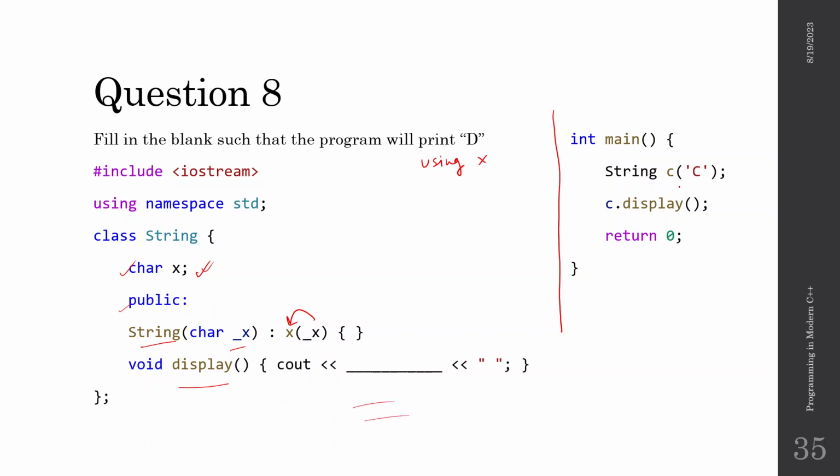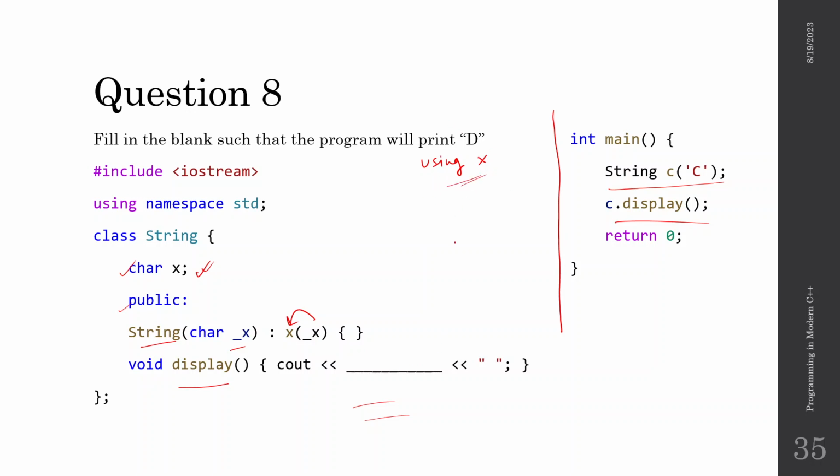And then in the main function we are creating a new object small c, and we are initializing it with capital C character, and then we are calling c dot display. Now what I was saying is that in the program such that it will print d, you can of course print d directly over here, but try to use x to print d.